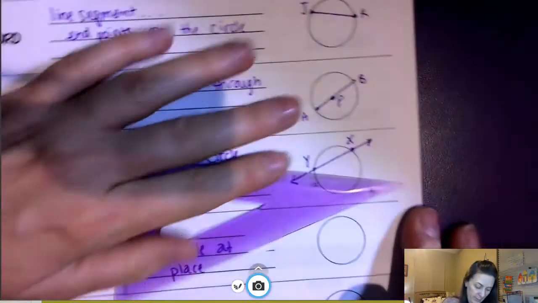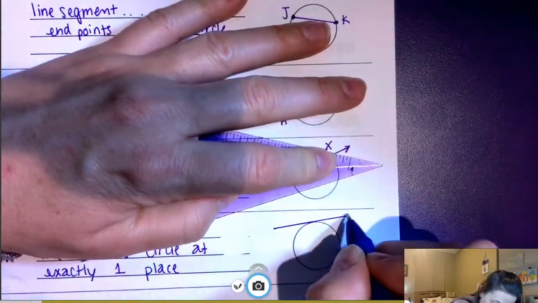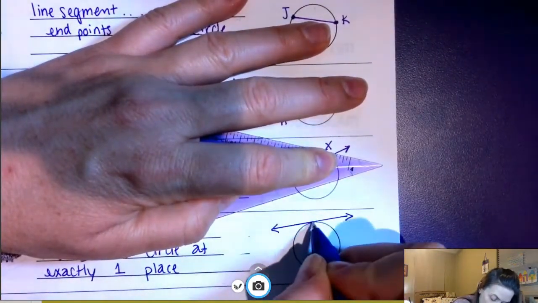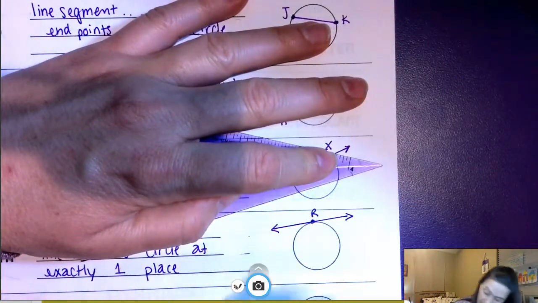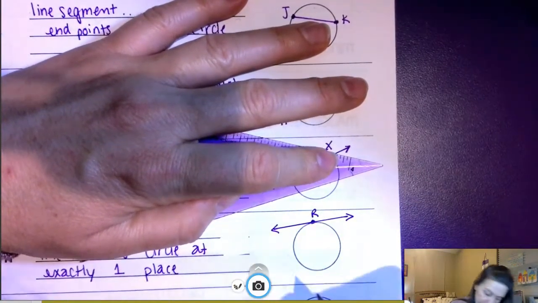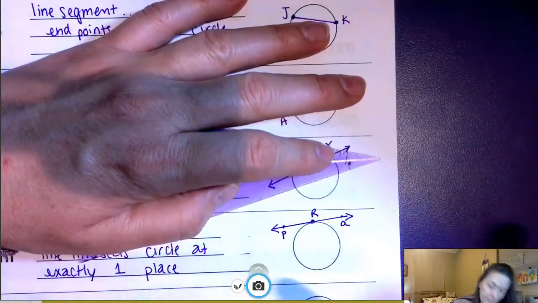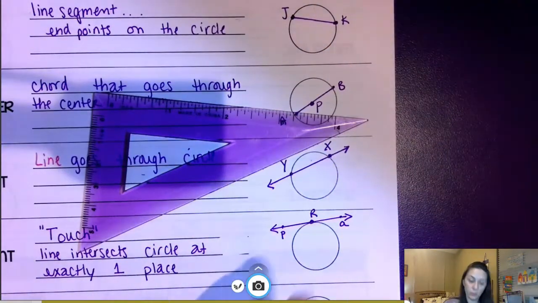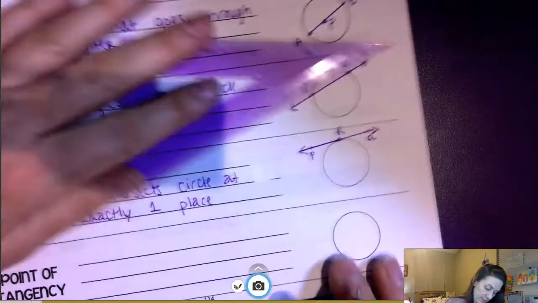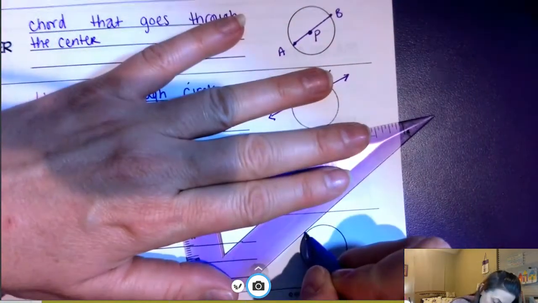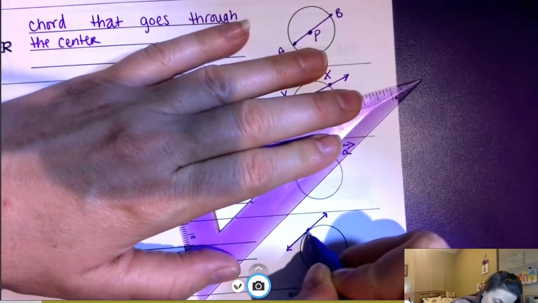So a tangent would be something like this. Let's say we have a line that goes on, does not go through the circle, it touches it right here at one spot. Let's call that R. And the rest of this could be a line, points P and A. So it goes on, but there's one point on the circle that it goes through. Point of tangency would just be this actual point.